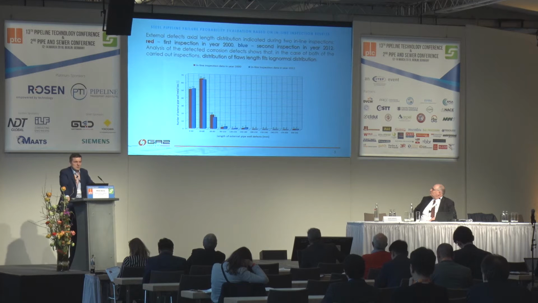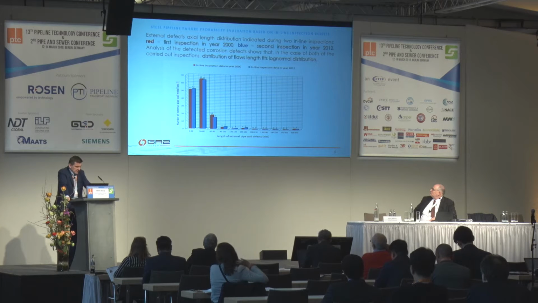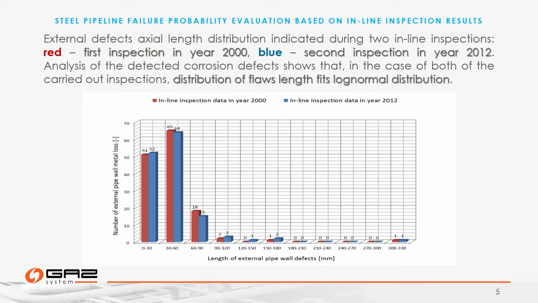Here are shown the defect length distributions from two inspections, red from the first inspection and blue from the second inspection. In our case, they are fitted to the log-normal distribution with certain variations, coefficient of variation, mean and standard deviation.